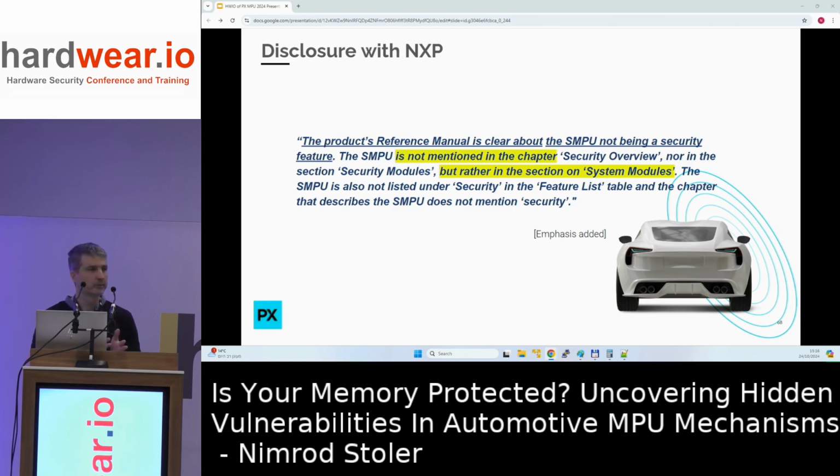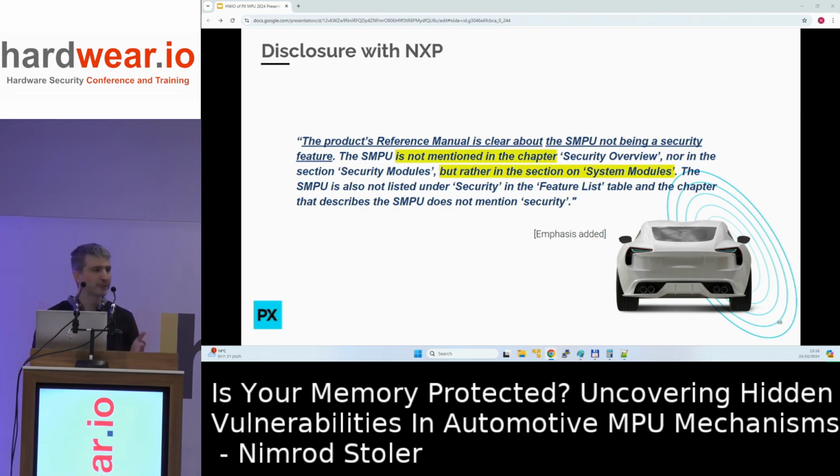The product reference manual is clear about the SMPU not being a security feature. How is it clear? The SMPU is not mentioned in the chapter Security Overview, nor in the section Security Modules, but rather in the section on System Modules. The SMPU is also not listed under security in the feature list table, and the chapter that describes the SMPU does not mention security.